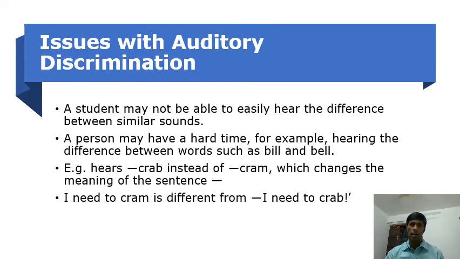Example, hearing crab instead of cram. Cram means to try to learn a lot of things very quickly before an exam, which changes the meaning of a sentence. They may not be able to distinguish these two sounds. So cram means I want to learn a lot of things quickly.